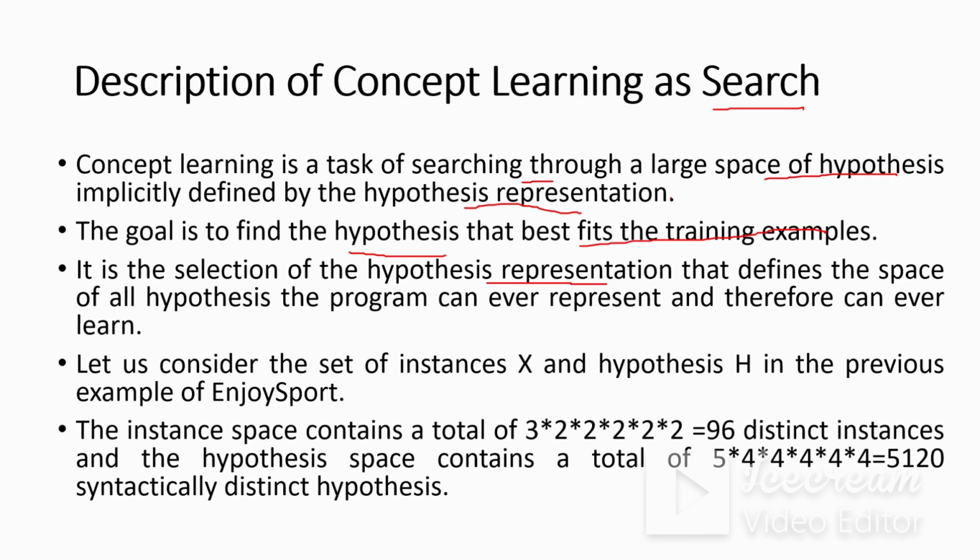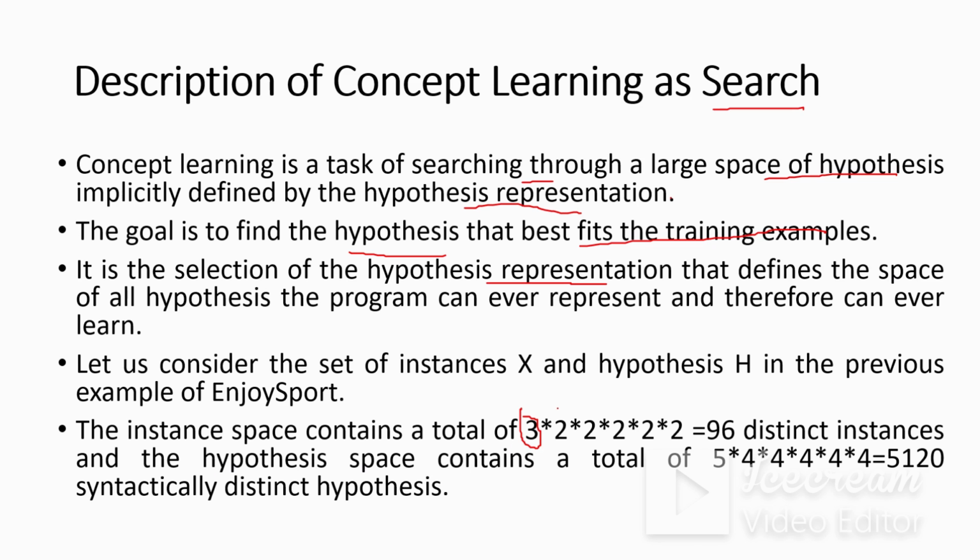So now let us see what is going to be the size of the instance space and the hypothesis space. Coming to the instance space, let us try to understand what it is. Instance space is the space from where all the instances are drawn. The first attribute, sky, has 3 values.